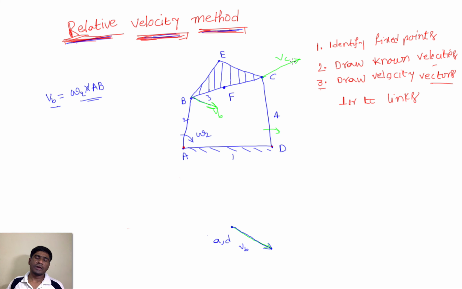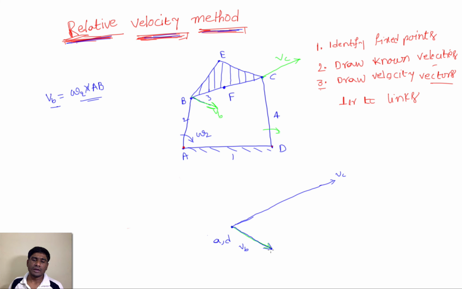And I know the direction of VC. So I am simply drawing the direction of VC. This is VC, but I don't know its magnitude, so I don't know where to stop. So I just draw a very big line.